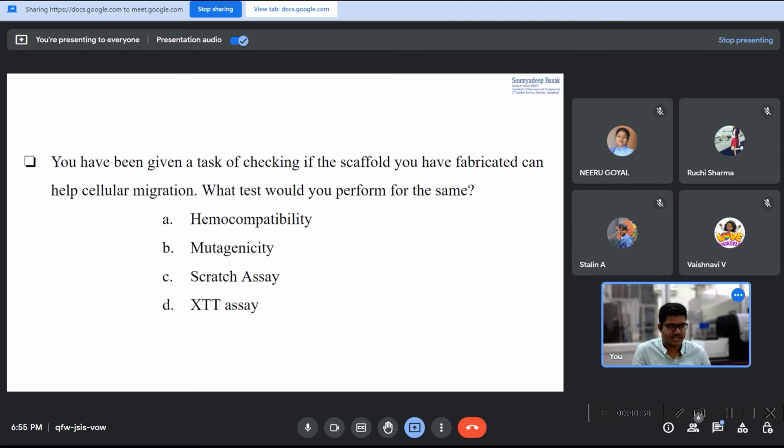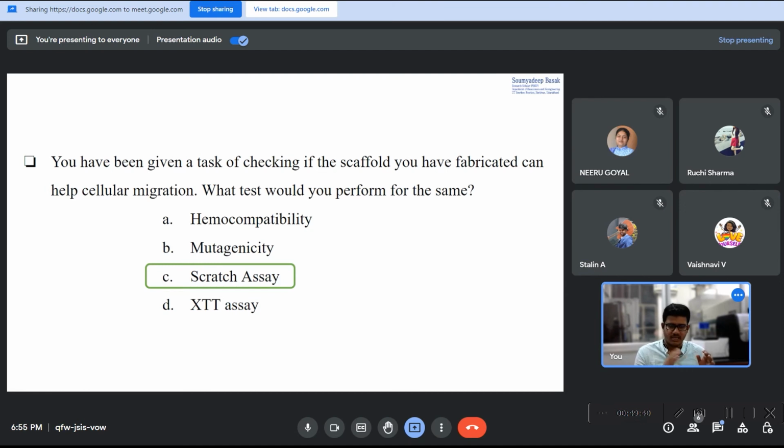Compatibility, mutagenicity, scratch assay, or MTT assay? For cellular migration, you need to study which test to perform. The XTT assay is particularly used for measuring viability, how the viability remains for the particular sample, not cellular migration studies.